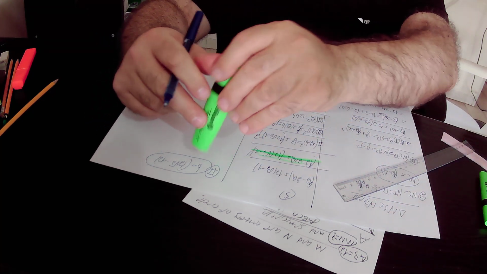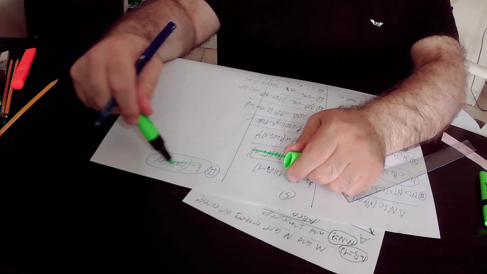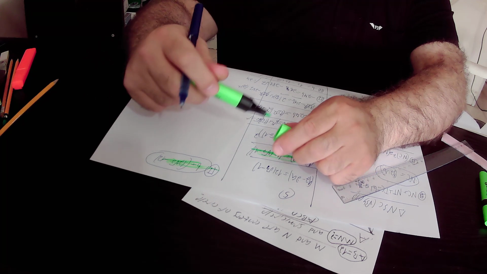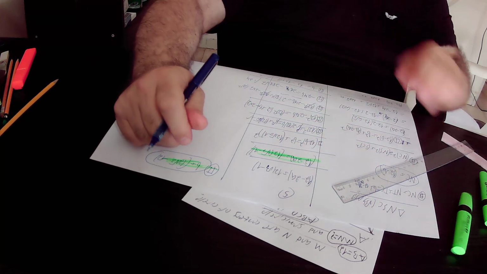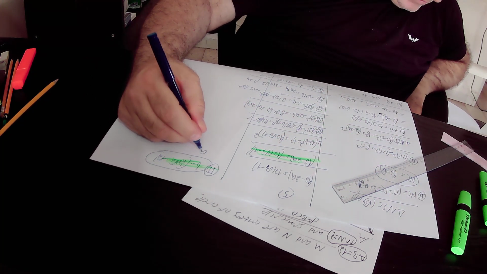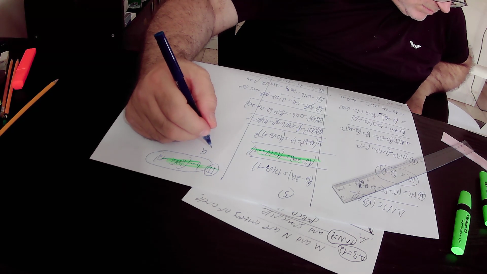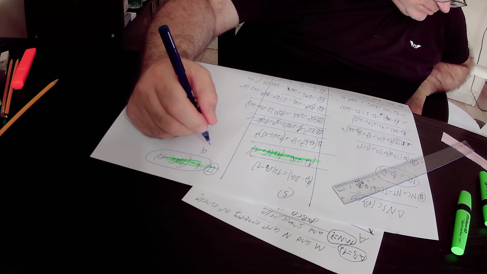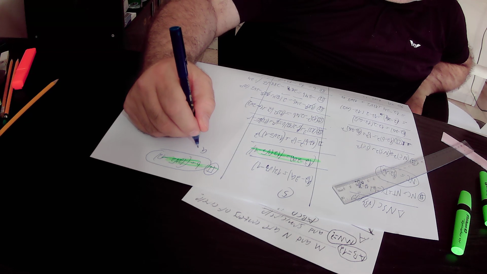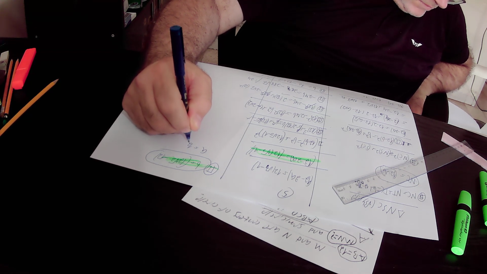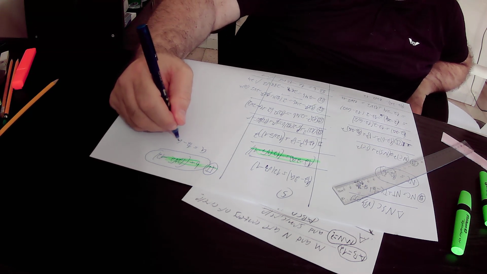And we have already found out that a is equal to 12 minus 6 times square root of 2.